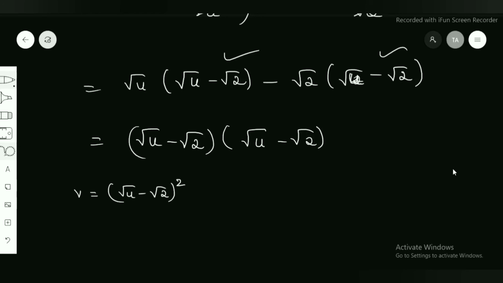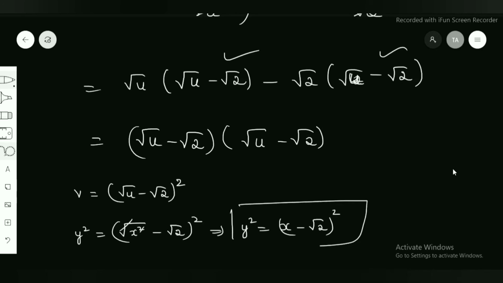Substitute back the values of u and v. v is y square, u is x square, minus square root of 2 whole square. The 2 and the square root will get cancelled. This implies y square is equal to x minus square root of 2 whole square. So this is the singular solution required.